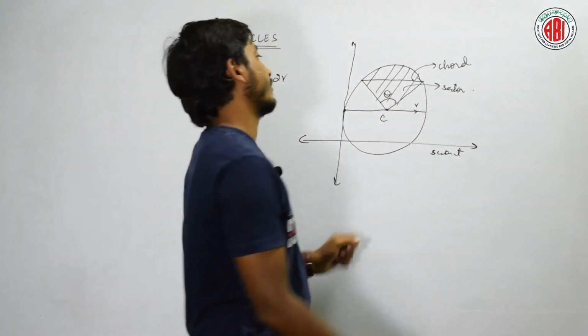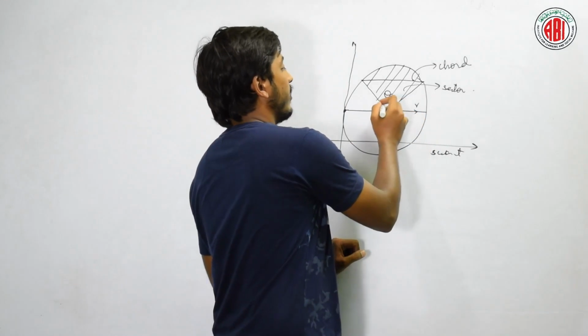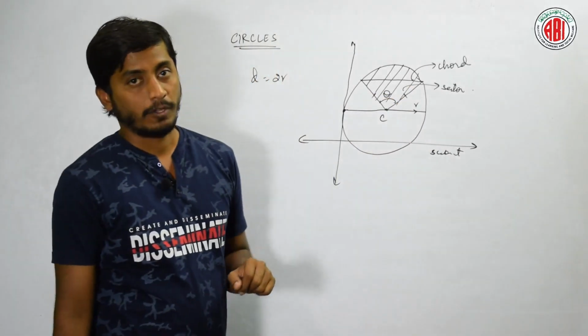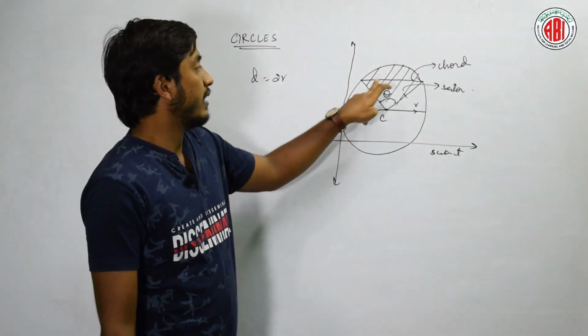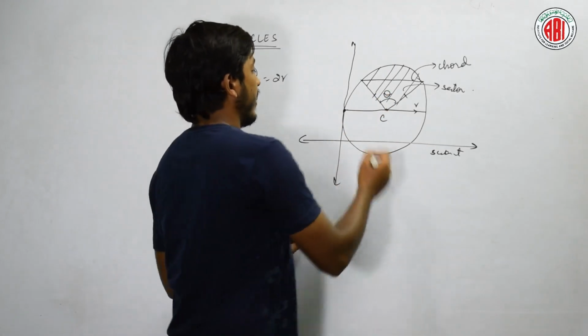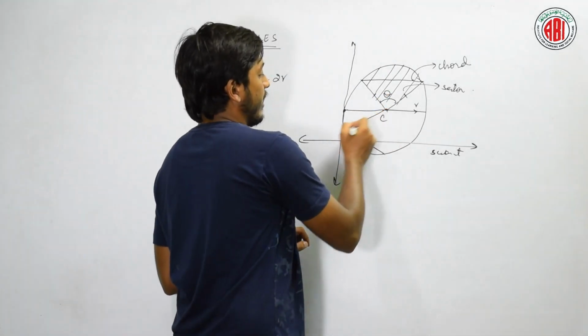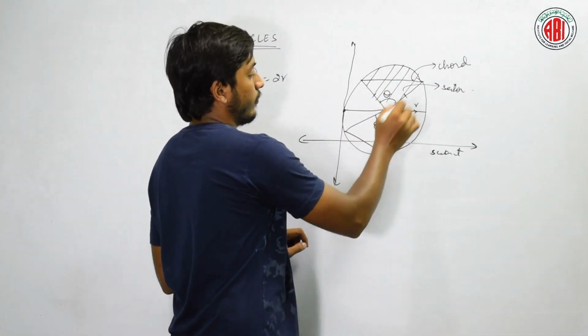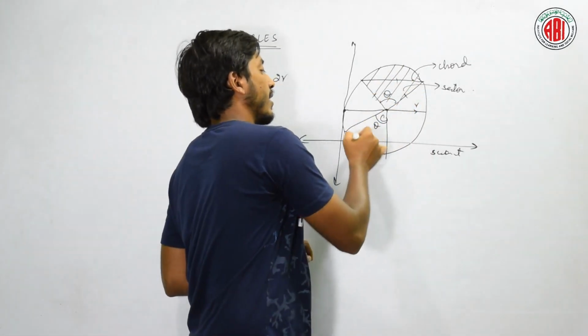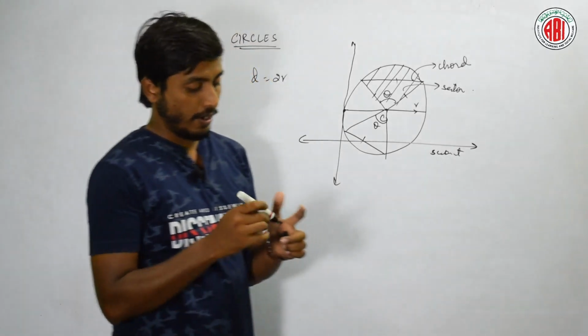Next, if you observe, if this is a chord making an angle theta, and there is one more chord making the same angle, then you have to remember that this chord is always equal to this chord.